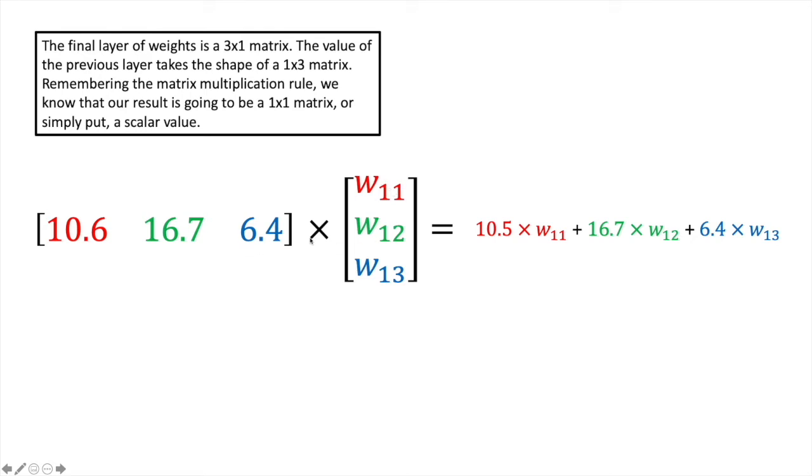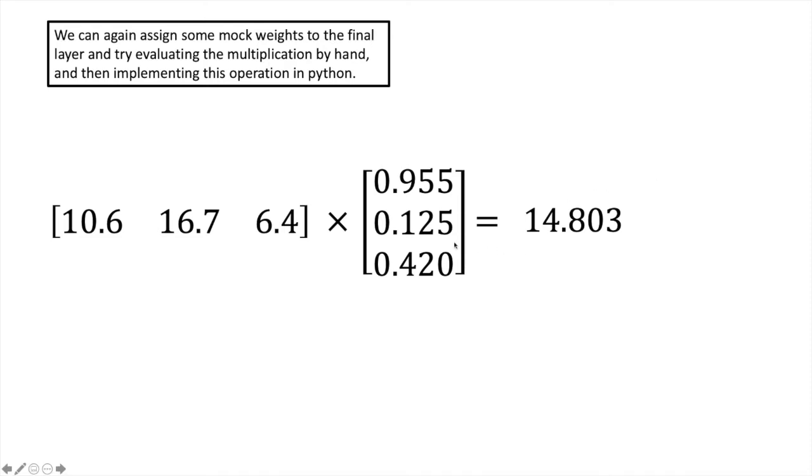So now these 3 values are going to be multiplied by each of these weights in order to produce this single scalar value. And we're going to explore how we can do this in Python as well. So after assigning some fake weights to this set of weights as we did before, we can get a single scalar result.